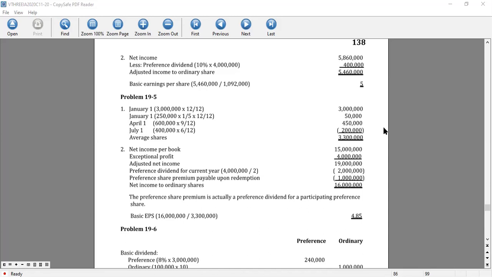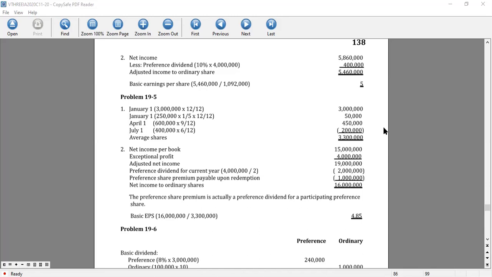Then we have 50,000. On April 1, full market price, 3 per share issue, 600,000 times 9 over 12, beginning April 1 up to December 31 for 450,000. In July 1, purchase its own shares at 3.50 per share.